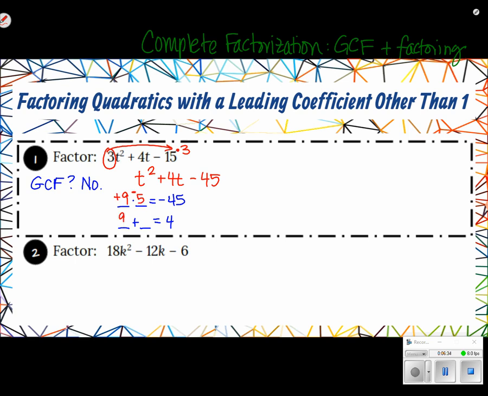That's going to get me a 4. So positive 9, negative 5, and so I'm ready for my parentheses. So I'm going to come all the way up here, parenthesis time, and I'm going to have t plus 9 and t minus 5.